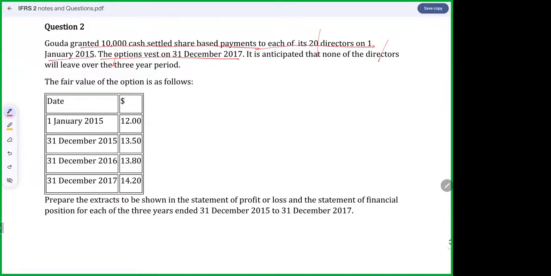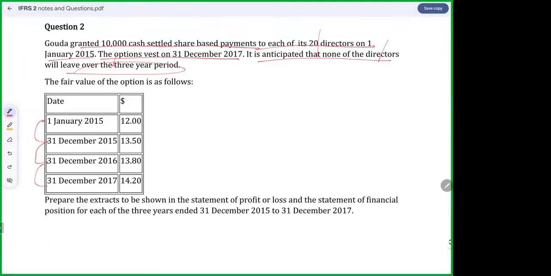It is anticipated that none of the directors will leave over the 3-year period. So remember, vesting period is 3 years. The fair value of the options is given below. Prepare the extracts to be shown in the statement of P&L and the statement of financial position for each of the 3 years.